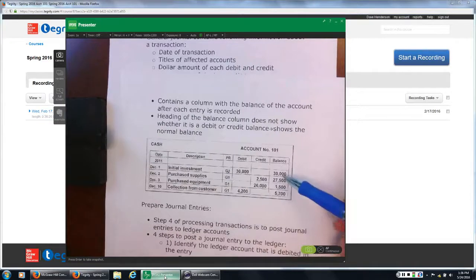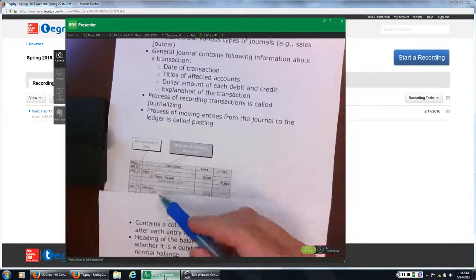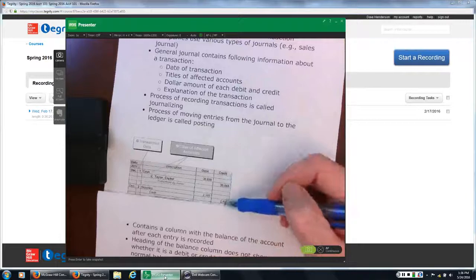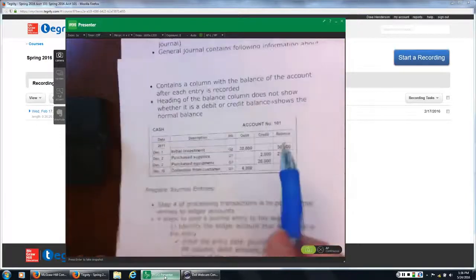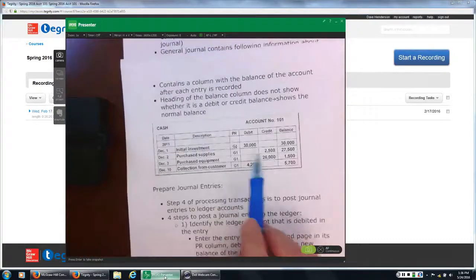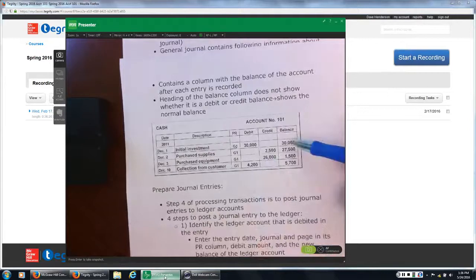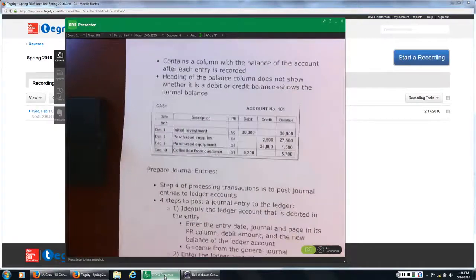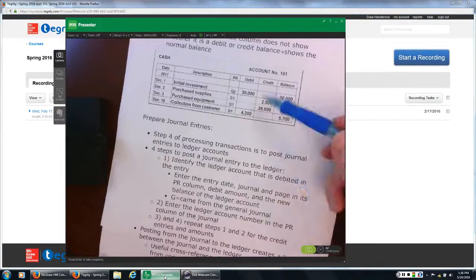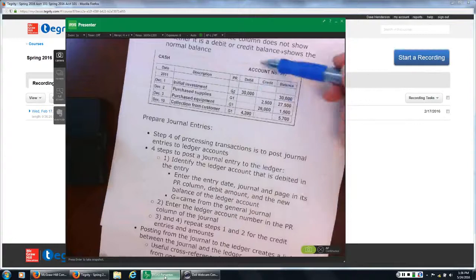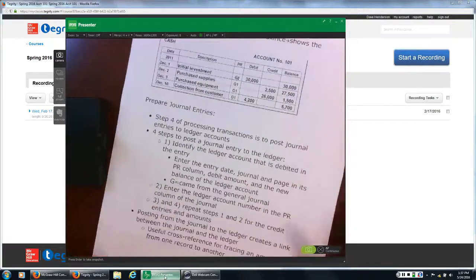Here's my balance in cash. And then you can see the second one, December 2nd, that decreased supplies by 2,500. So I say purchase supplies, general journal page 1, credit 2,500, 30,000 minus the 2,500 gives me $27,500 left over. Okay? So basically that's everything. This is simulating our general ledger right here.